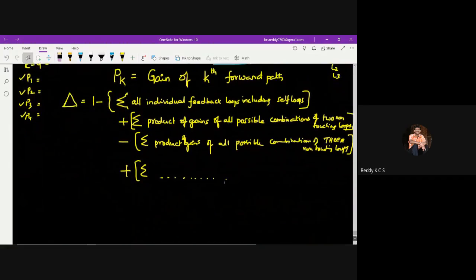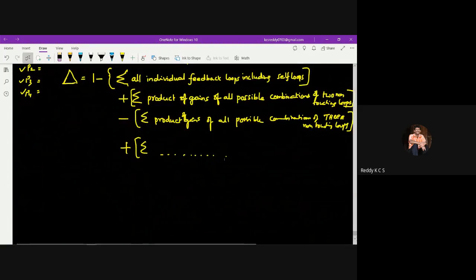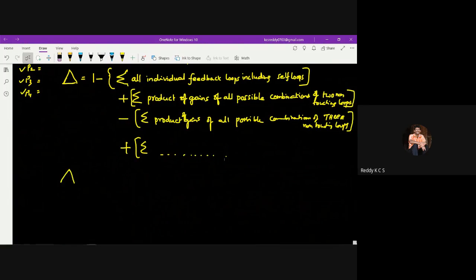Del k is obtained from the del equation only. Del k is nothing but the value of the above del equation.